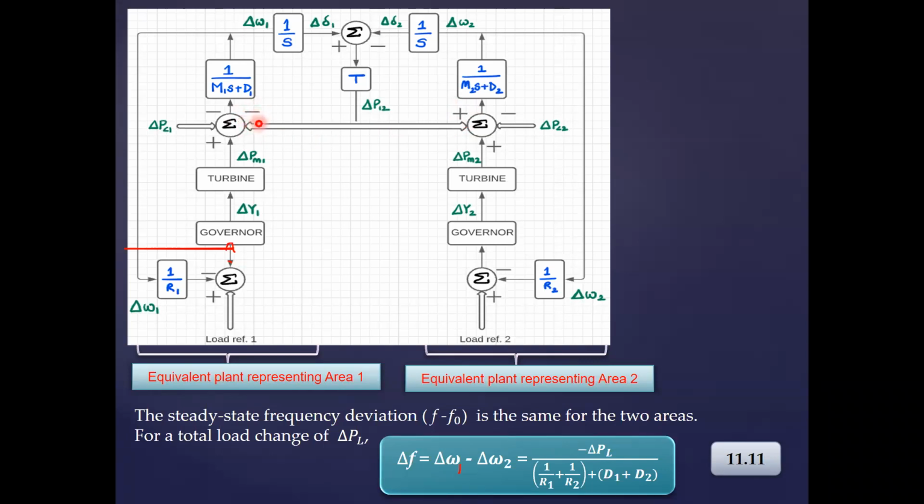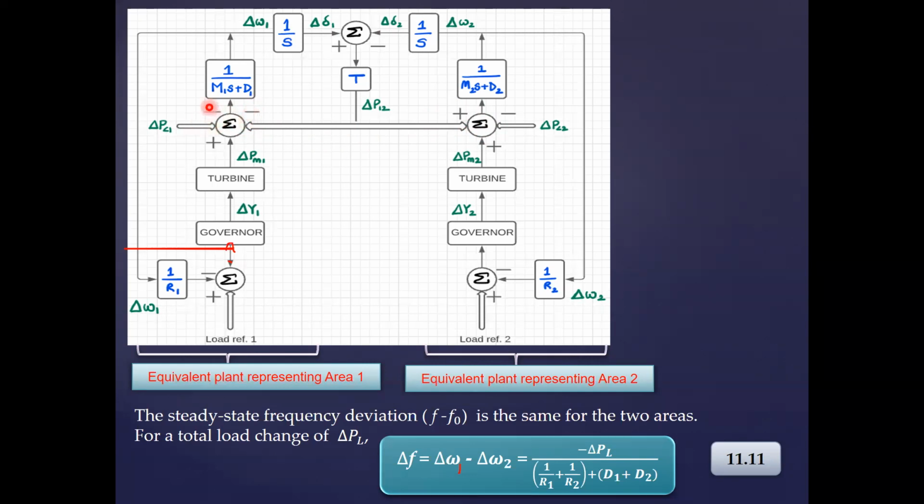That is important when you consider the interconnected system. What is the direction of the power flow? It is area 2 which receives power, and thus this is positive. From area 1 it flows out, and thus it is minus here. That point should be clear.